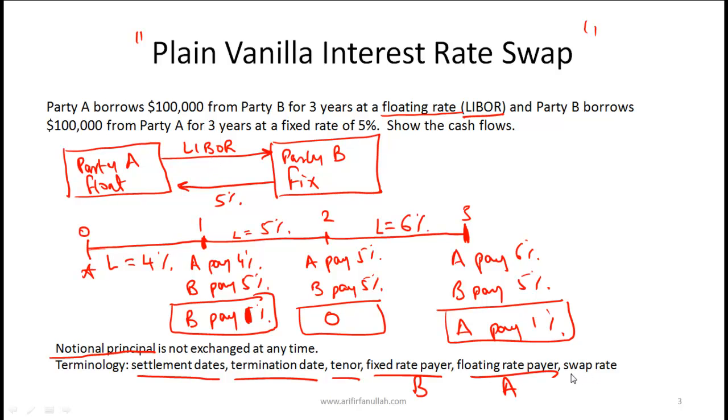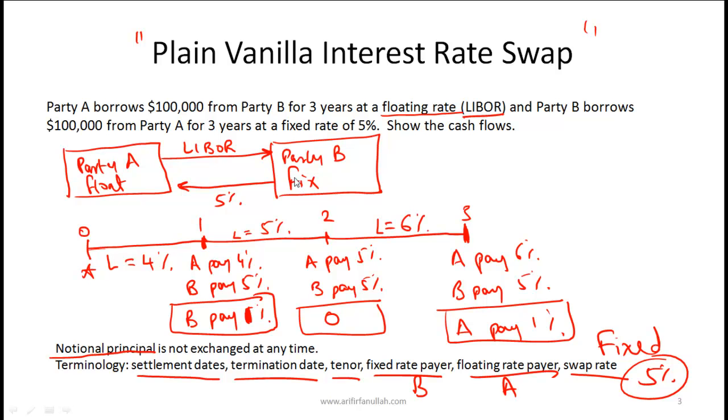When we talk about a swap rate, the swap rate is the rate that is being paid by the fixed rate payer. In our example, the swap rate is 5% because that is the amount that is being paid by the fixed rate payer, which is B.